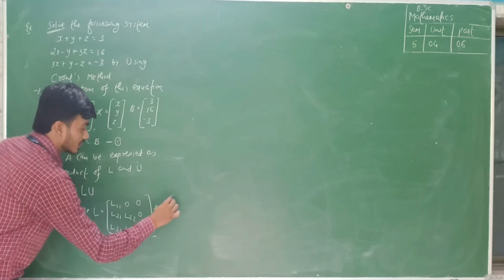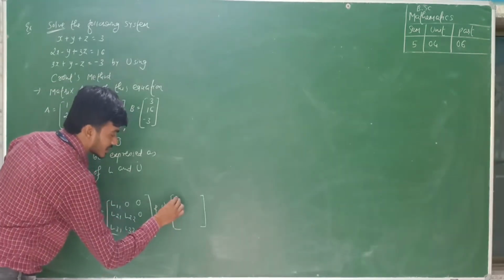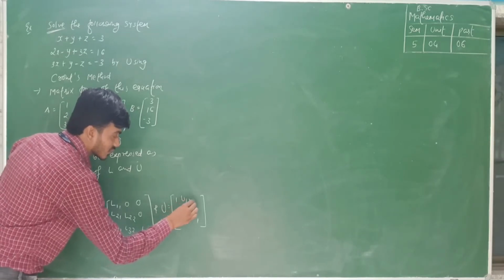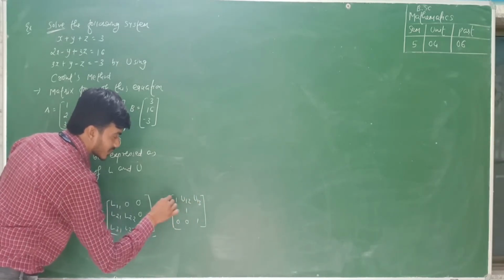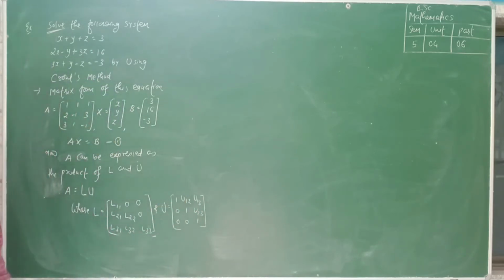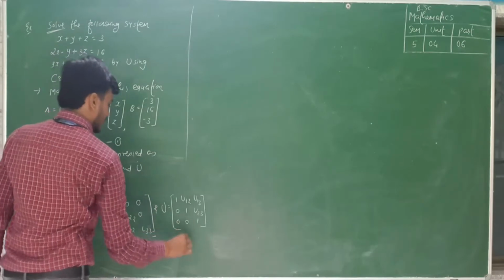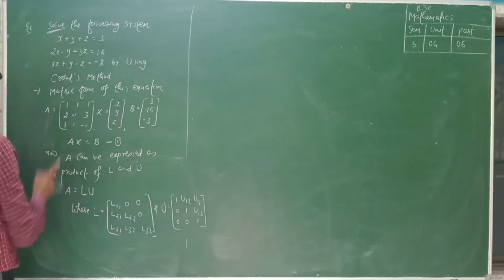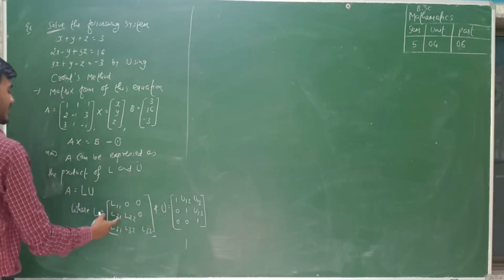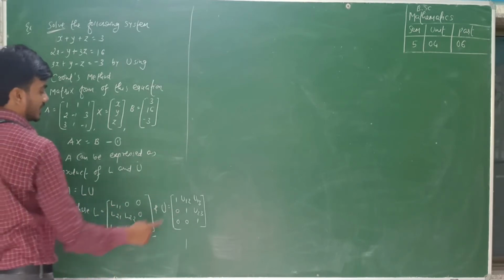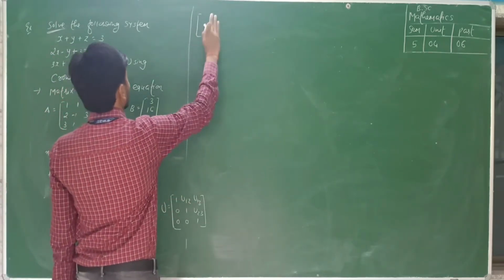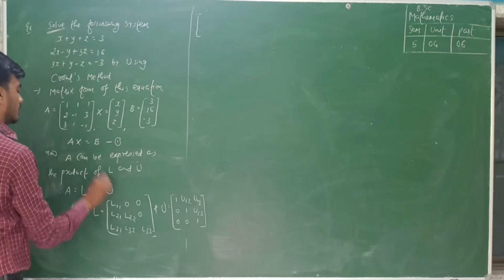And U is unit upper, so these elements are 0, with U12 in first row and second column, U13 in first row and third column, and U23 in second row and third column. We have the value of A, and by multiplying these two matrices L and U we find these unknown elements. So here A is equal to LU.